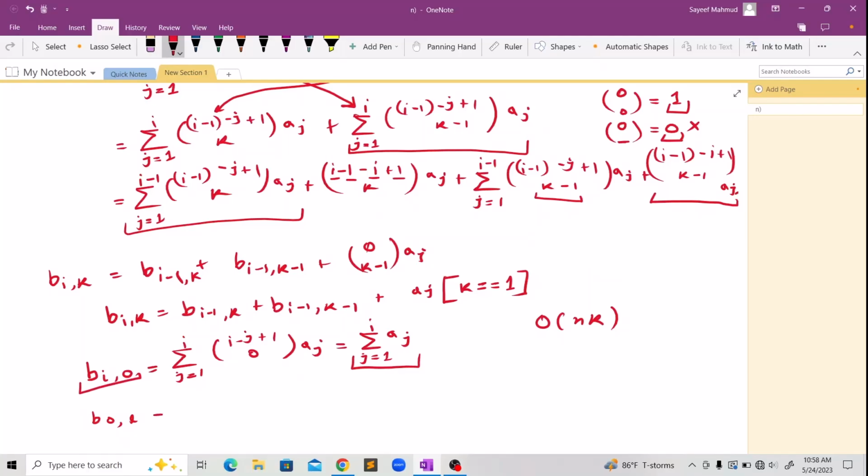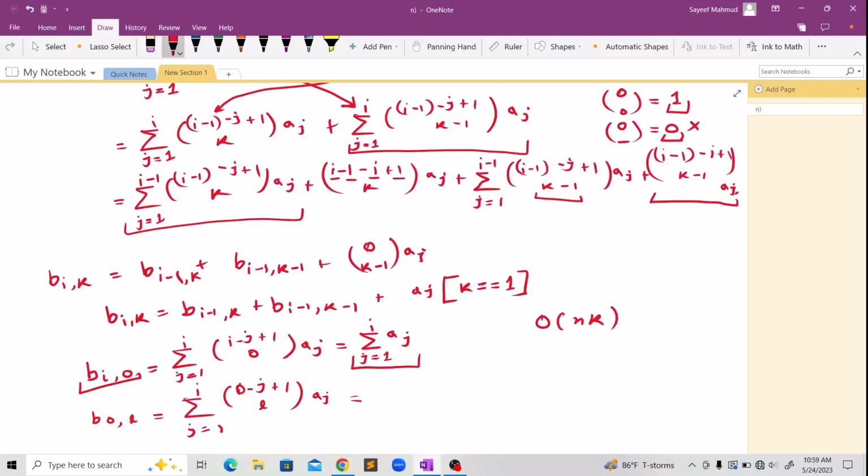This is the value of B of I, 0. And what is B of 0, L? Again, using the given formula, we have I minus j plus 1 choose L, where the value of I is 0. So this is some value.